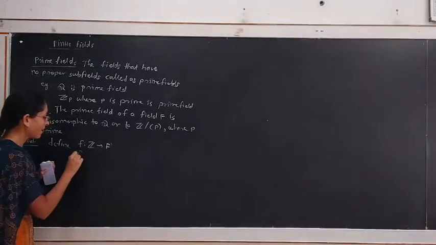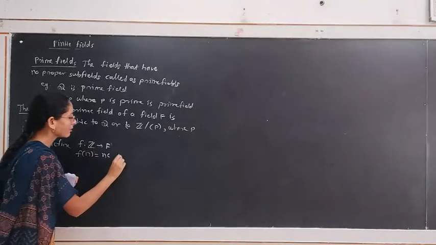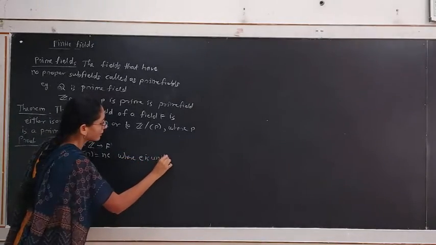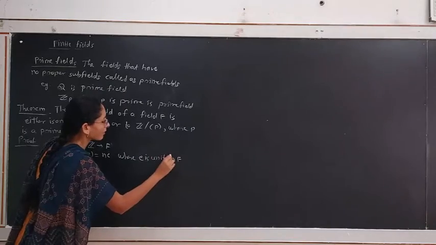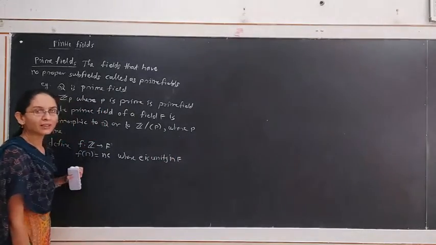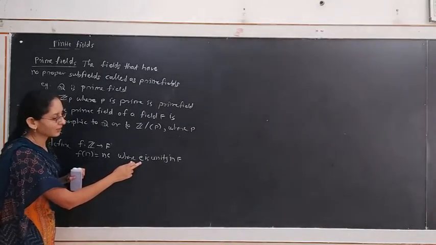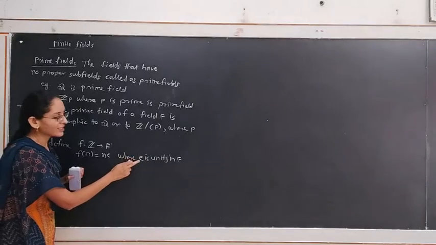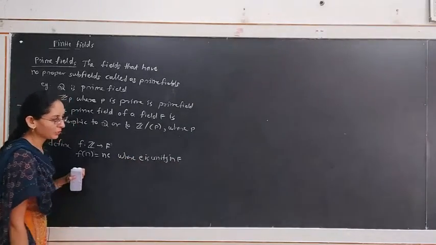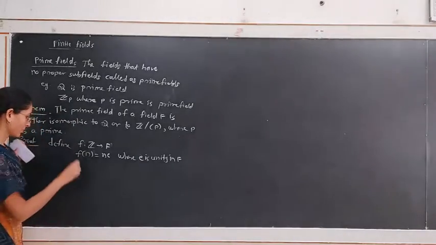Define this mapping by f(n) = n·e, where e is the unity in F. As F is a field, e is non-zero, hence e should not be equal to 0. Then this mapping is a homomorphism.